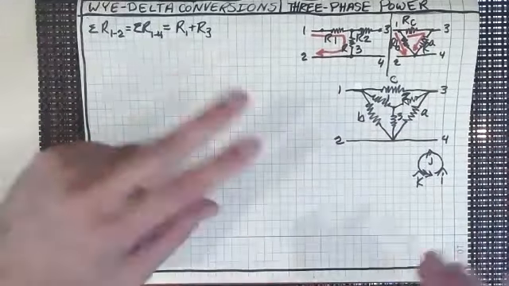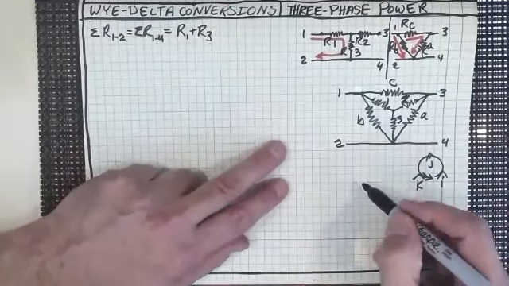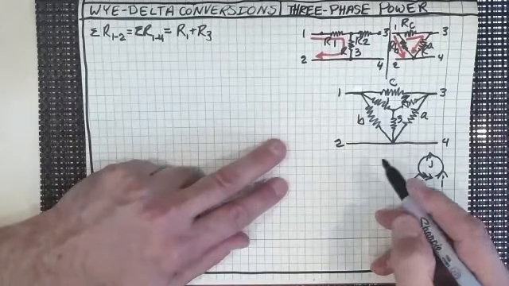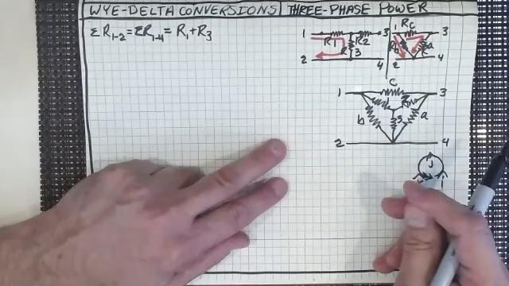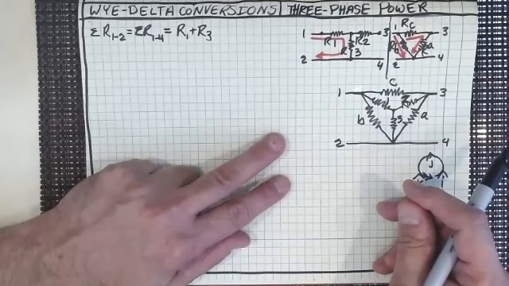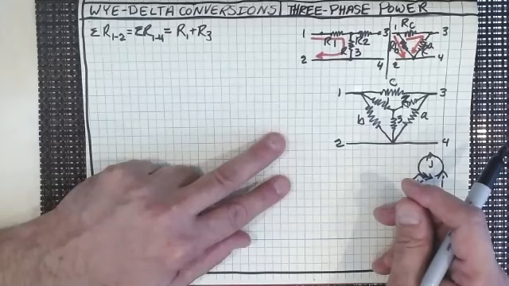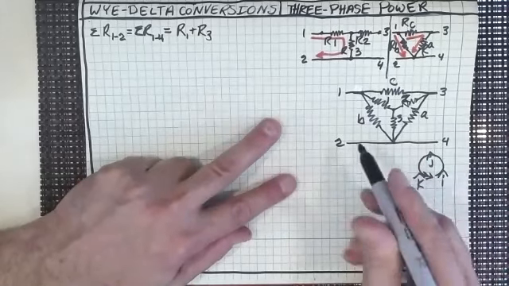Now, before we even go any further, I just want to look at a rule that I've been applying with current divider and voltage divider analysis in the earlier lectures. Let's just look at it for 2 resistors.